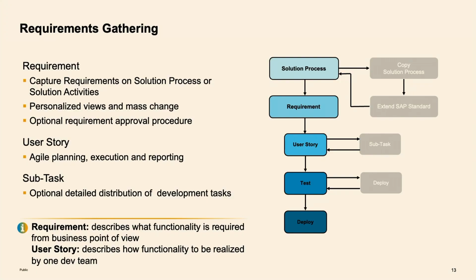You capture these requirements to document your changes. And then, if you have these requirements ready, you would create follow-up activities as user stories, for example, tasks, and so on.